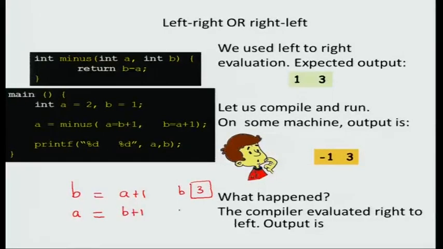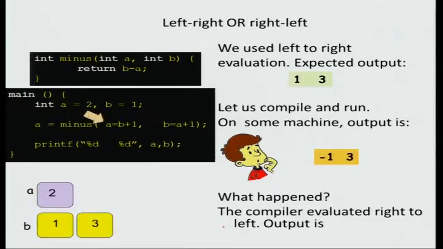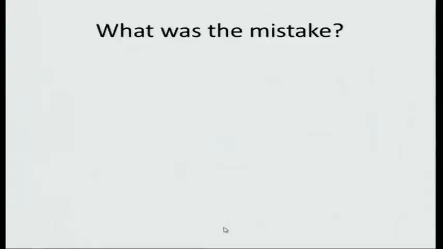B is now 3, so a gets the value 4. So when you call minus of 4 comma 3, minus will return 3 minus 4, which is minus 1. So in this case, b gets the value 3, a gets the value 4, and the result will be minus 1.